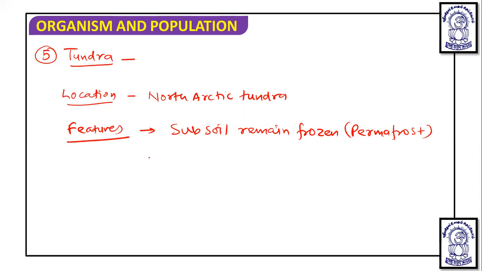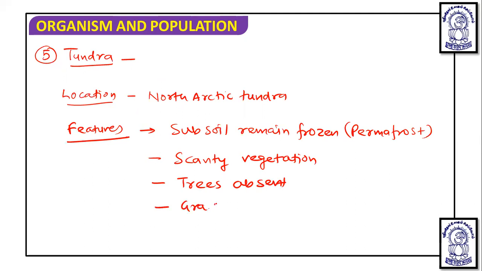Then they have scanty vegetation, meaning slight vegetation is seen. And here trees are absent. Grasses, sedges, mosses, and lichens are found growing in the tundra.